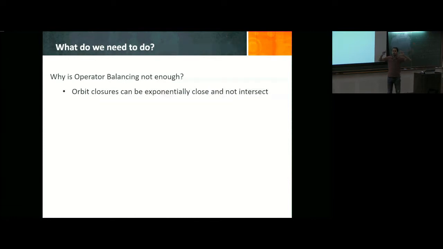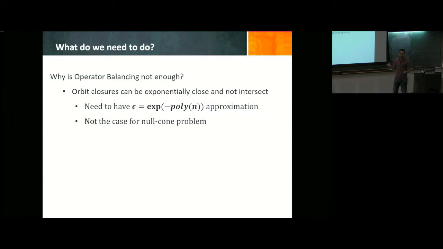But here now, I can have two orbit closures that don't intersect, but they get exponentially close to each other. And remember, our algorithm depended on this epsilon being big, this gap being big. So now the gap is really small, so we need this epsilon to be 1 over exponential. That's pretty bad. So we cannot use the vanilla operator scaling approach, which is not the case for the null cone problem. And the operator balancing runs in time poly n times 1 over epsilon, so this is pretty bad.